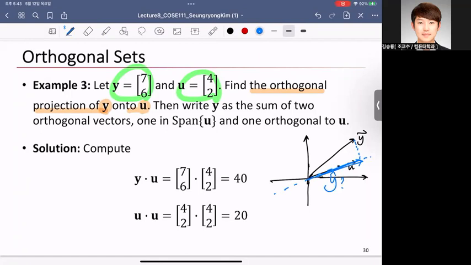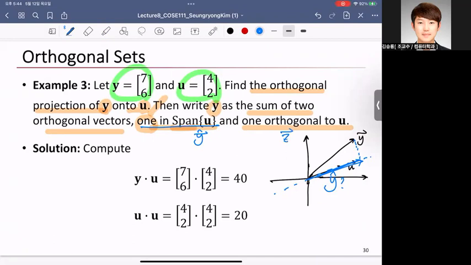Then write y as a sum of two orthogonal vectors. One is in span of u, 그렇죠? One is orthogonal to u. So it means that the question is to find y hat and vector z.